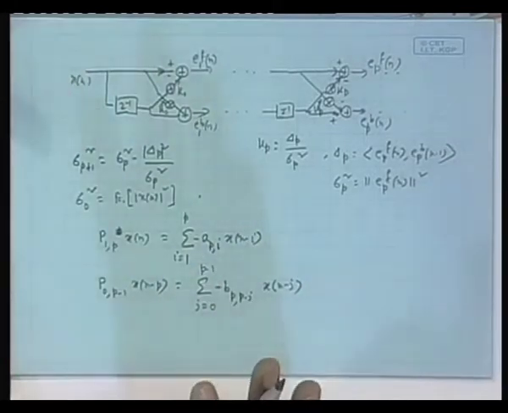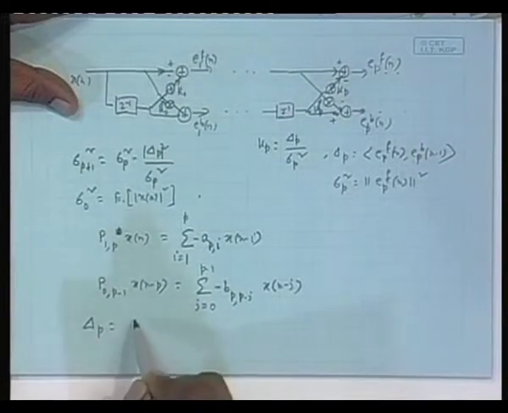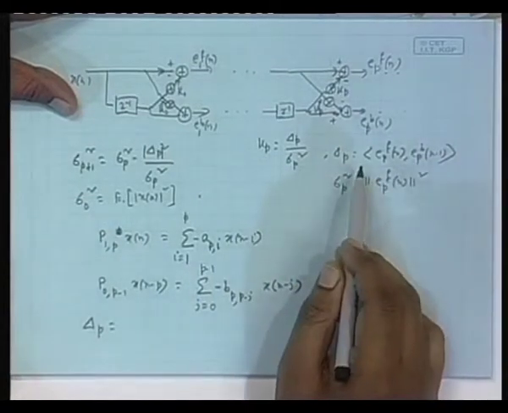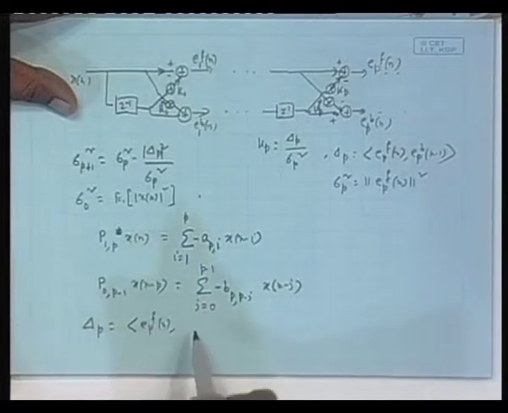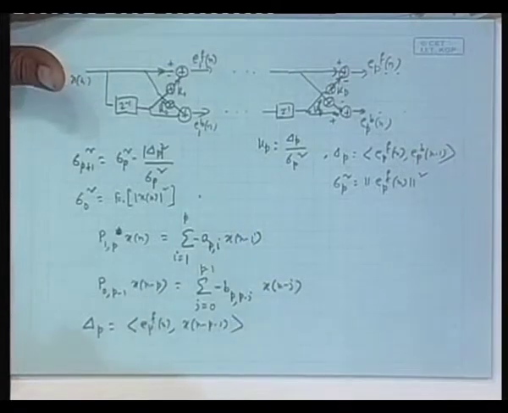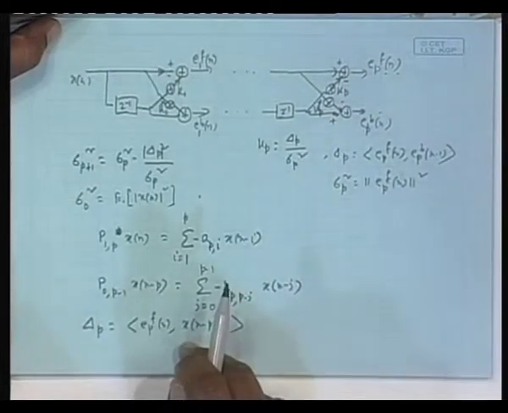Suppose these are known for the pth stage. Then obviously delta p. What is delta p? Delta p you have seen already, but delta p can also be written in another form. I have been doing this again and again. What is EP? You understand how it comes?